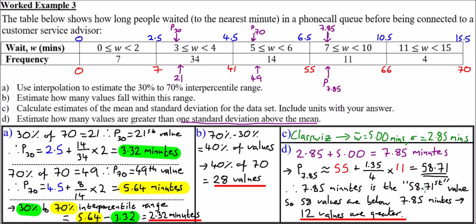So 58.71 would round up to 59. It would then be tempting to think, well, the 59th value is where this one is, rounded up. So 70 take 59 means 11 would be above. But here you can see 11 isn't the same as 12. So thinking of it a bit more carefully, rather than just rounding up and down, would be the best way of doing it.